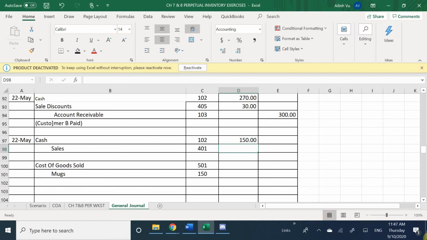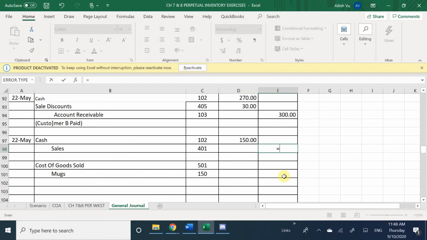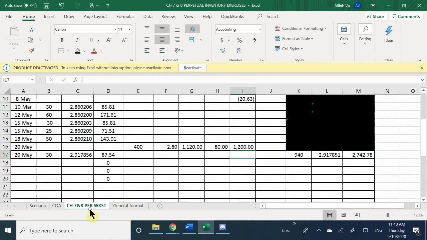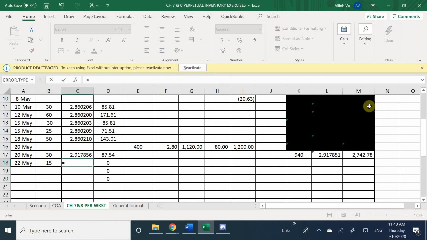Okay, so here I am. I got a total of 150, so we're going to go to my inventory worksheet. Okay, and I sold on May 22nd 15 items. All right, my cost per item is going to be $2.91.